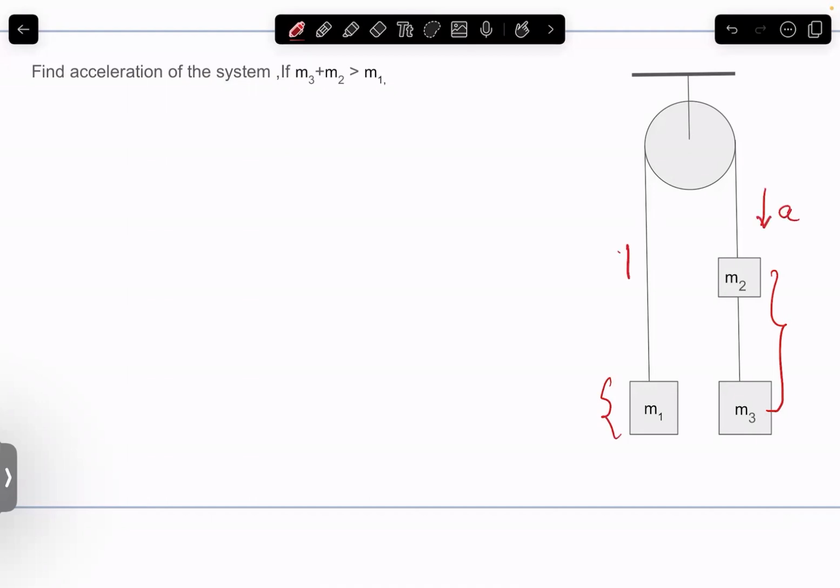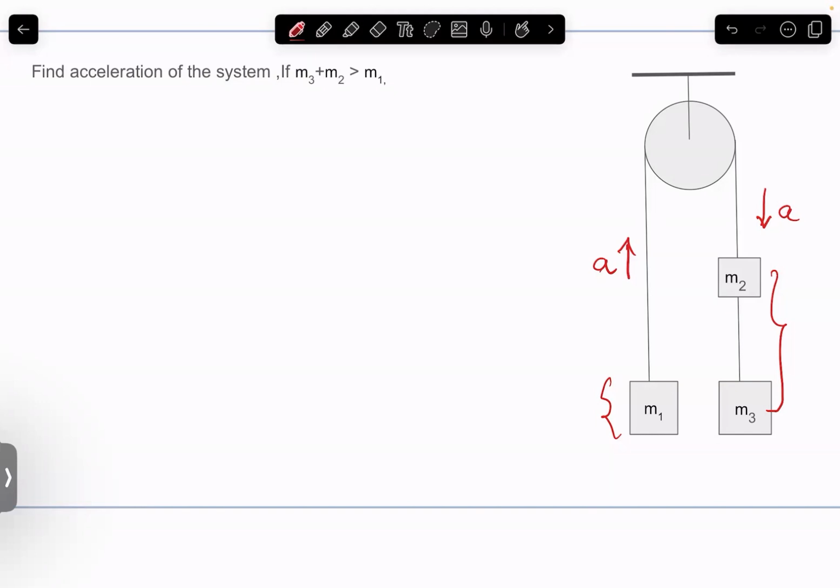You can assume the acceleration like this, and even if your assumption is wrong, you will get a negative sign and understand that the acceleration is opposite to what you assumed. Again, you need to find the acceleration of the system, and the tension in the string also.